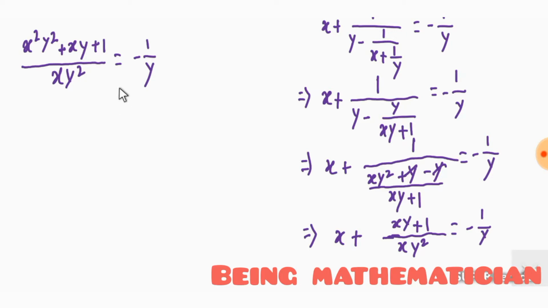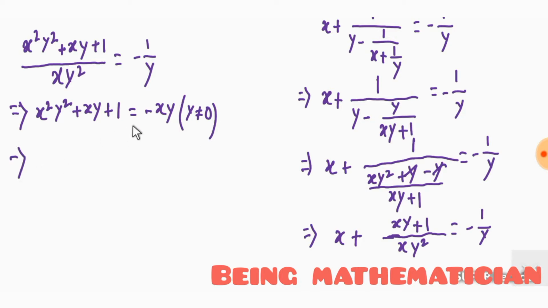And now cross multiply the expressions, we get x² y² + xy + 1 equal to minus xy, where y not equal to 0.